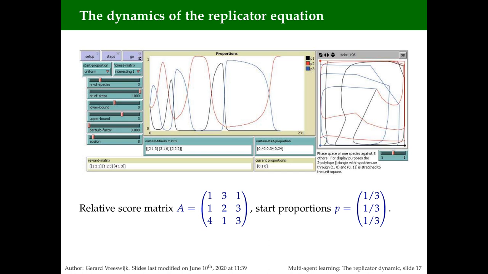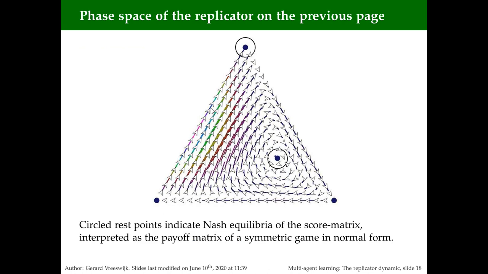Okay, next slide. So this is the same replicator dynamic we just observed, but this is the phase space in the simplex representation. And of course, the corners are always rest points of the replicator dynamic, because there only one species is present.